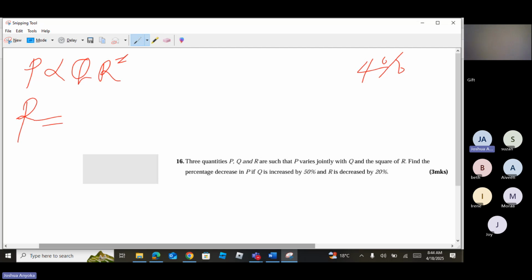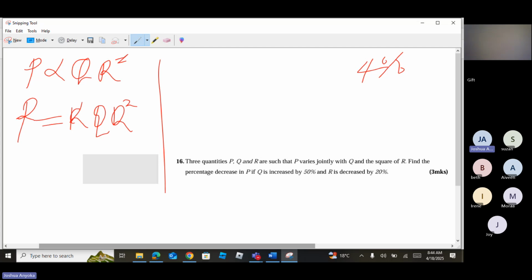P is equal to K Q R squared. Let us bring the changes to P.